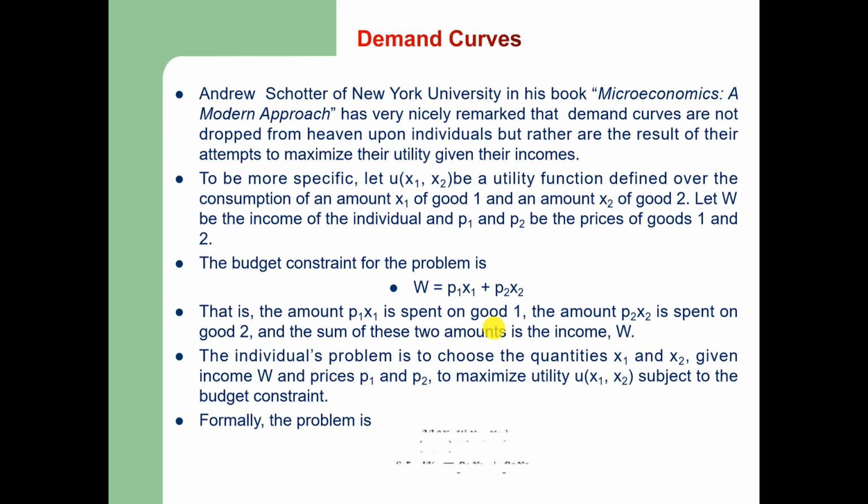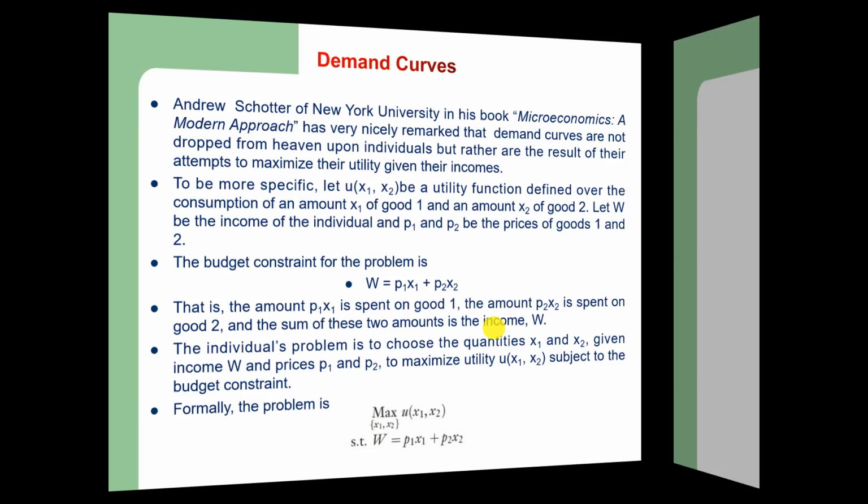More formally, the problem can be written as: maximize utility from x1, x2 by choosing x1 and x2 amounts of good 1 and good 2, subject to the budget constraint given by W is equal to P1 x1 plus P2 x2. So this is the utility maximization problem of our agent subject to the budget constraint.